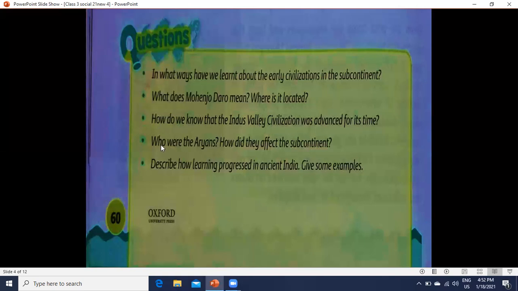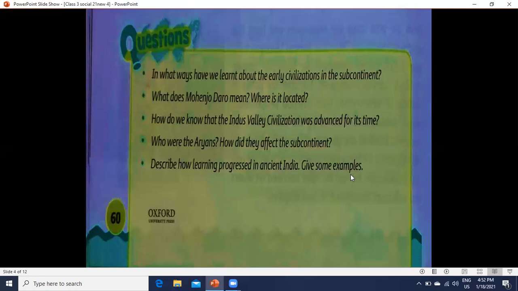And question number 4 is, who were the Aryans and how did they affect the subcontinent? Last question is, describe how learning progressed in ancient India. Give some example. So dear students, these are the questions.